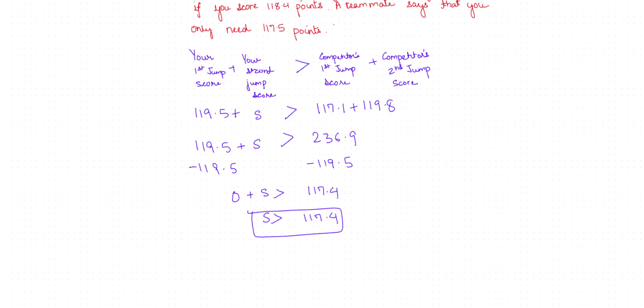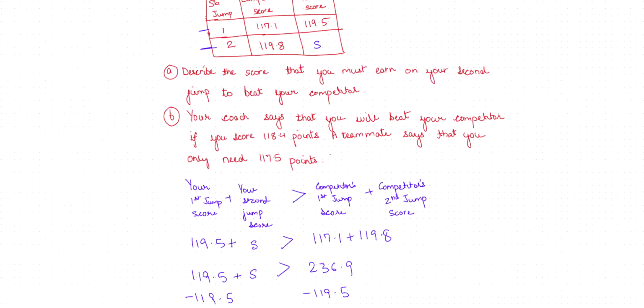Now the second part says your coach says that you beat your competitor if you score 118.4, and your teammate says you only need 117.5.